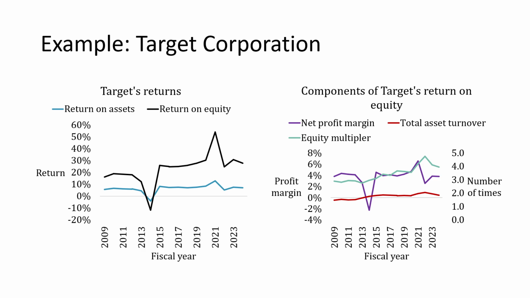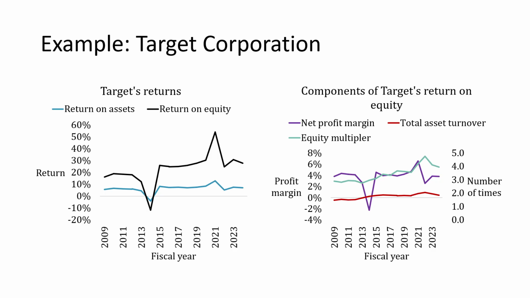If we go to the right-hand side graph, we see the components, and we can see that total asset turnover has risen slightly over time, and we would look at the right scale for number of times for total asset turnover. And we also see the equity multiplier, that is the use of financial leverage, increased. It didn't change in 2014, but it did increase after 2021.